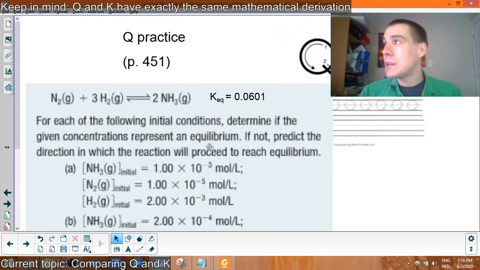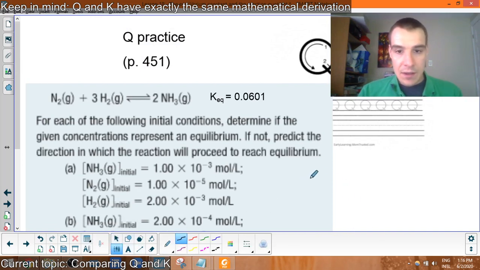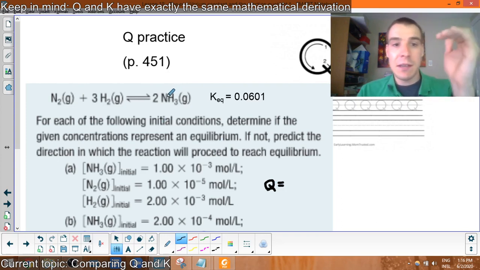So first off, let's actually make our expression for Q. When we look up here in our reaction, Q is going to be products over reactants. Products on top, they're more important.